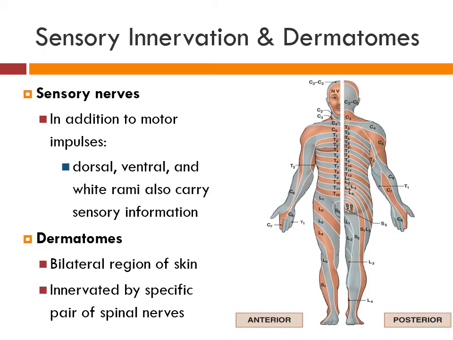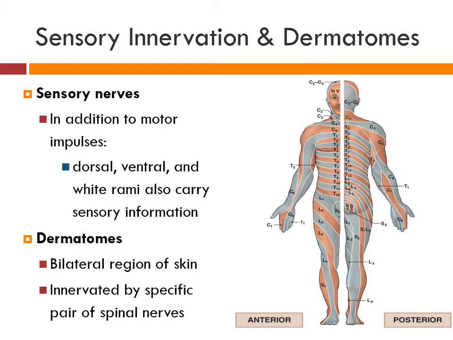Our sensory nerves are really interesting. They are very specific to what part of the body is bringing information to what part of the spinal cord. So the dorsal, ventral, and white rami are also carrying sensory information, because the motor information is going out, but these nerves are mixed, so they're carrying back sensory information.